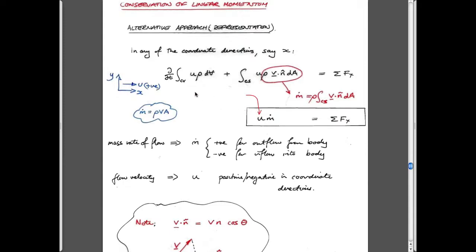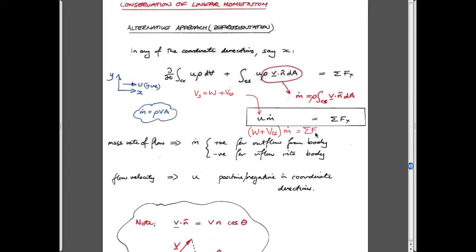In this particular case, V static is equal to the velocity relative to the control volume plus the velocity of the control volume. So if you write it out in that form, then it looks like this: W plus V CS, which is this term here, times mass flow rate equals the sum of the forces.